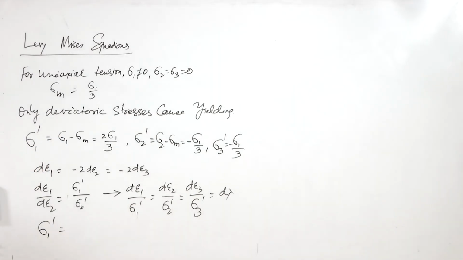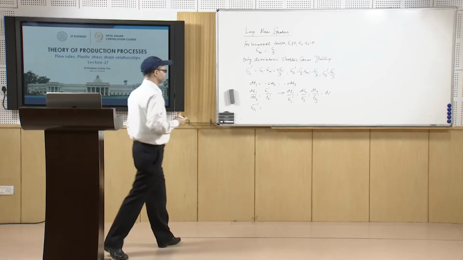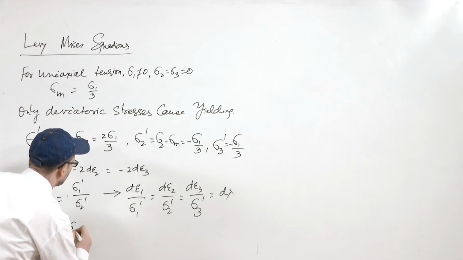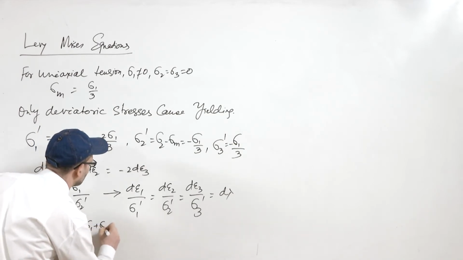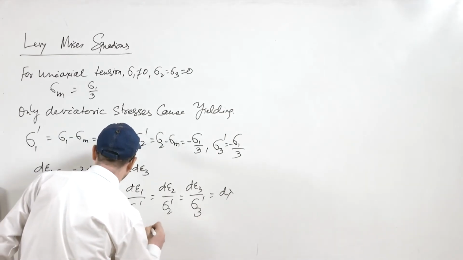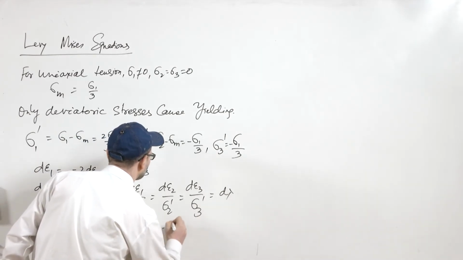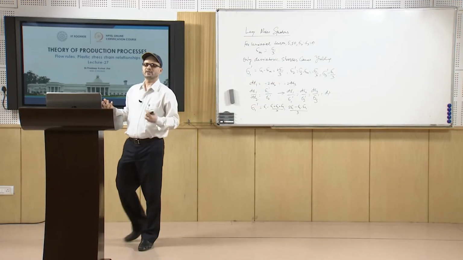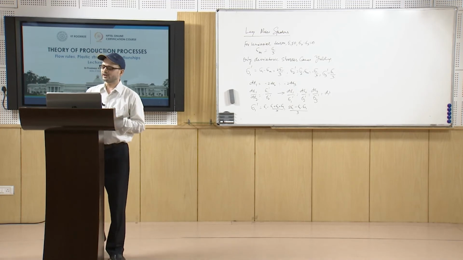We know sigma 1 prime will be sigma 1 minus (sigma 1 plus sigma 2 plus sigma 3) by 3, so basically it is (2 sigma 1 minus sigma 2 minus sigma 3) by 3. That is what we know about the deviatoric stresses.